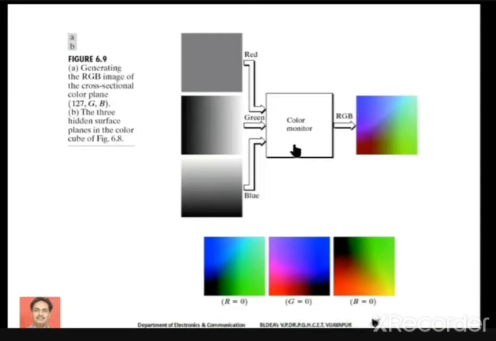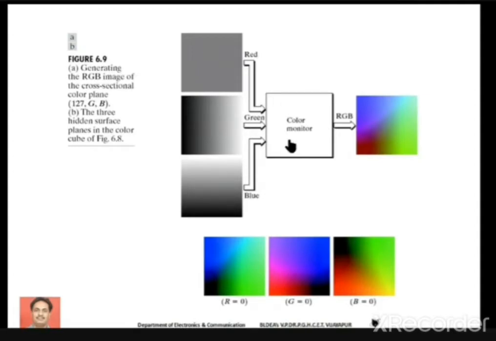So basically, monitors are nothing but cathode ray tubes. Probably you have studied about the cathode ray tube, which consists of an electron gun. In case of black and white monitors, there exists only one electron gun. However, in case of color monitors, there exist three electron guns.